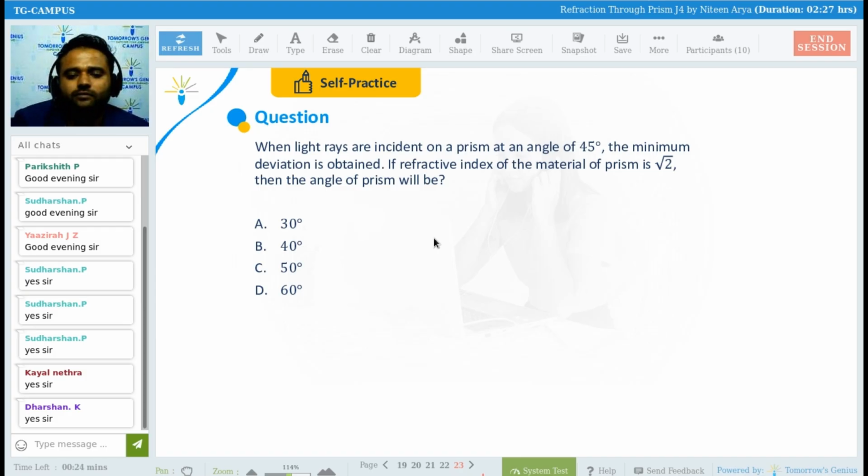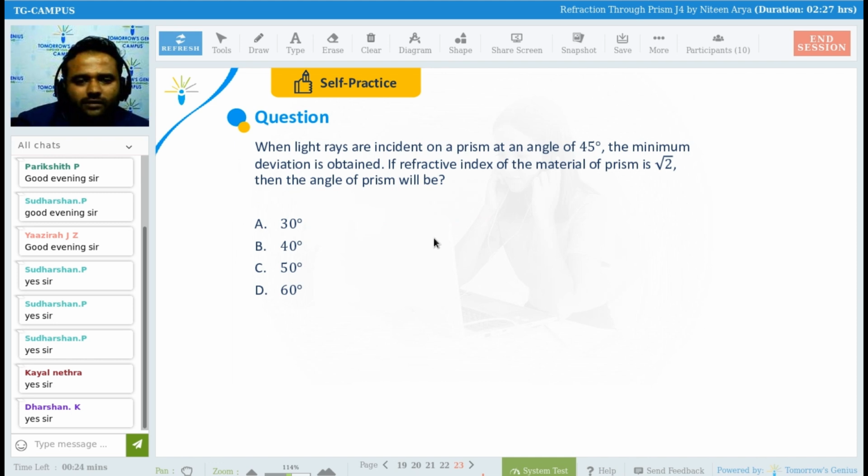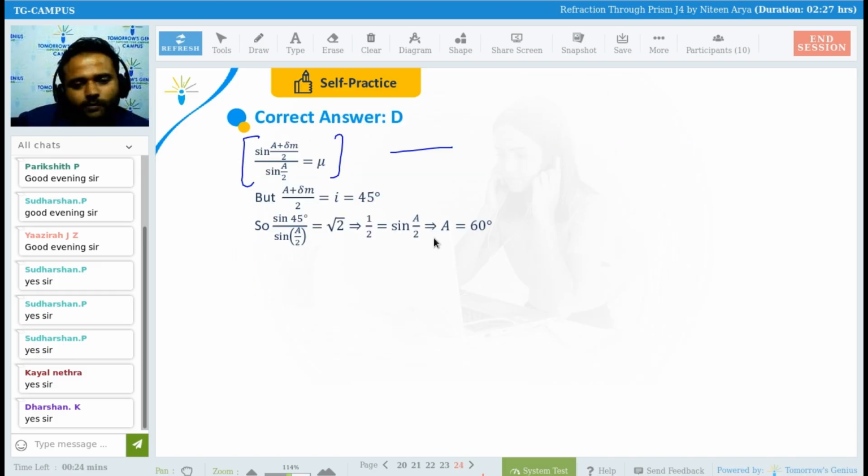Okay, see. This is going to be for minimum deviation, right? This relation: mu equals sine of (A plus delta m) by 2 divided by sine A by 2, and (A plus delta m) by 2 is going to be i, which is 45 degree. It is given already, the angle of incidence. And the refractive index is given also. Perfect. So put it there: sin 45 degree over sin A by 2.